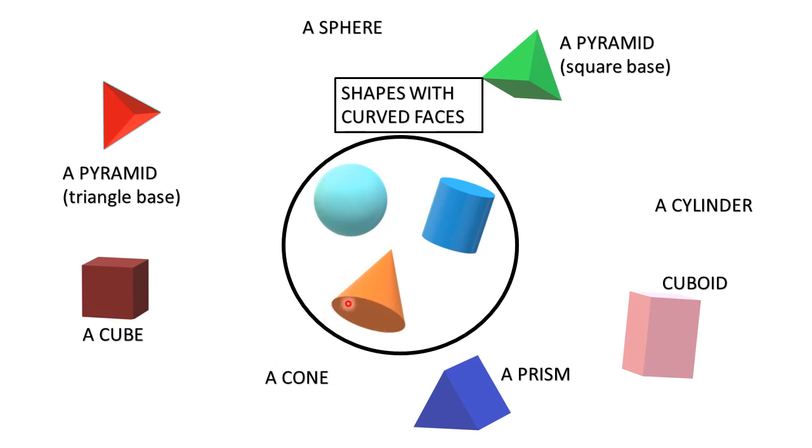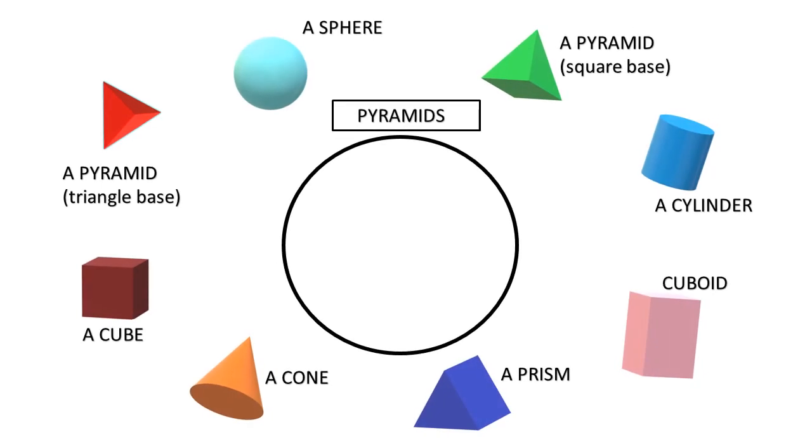The other shapes have flat faces only. B. Sort the pyramids. Pyramids are the triangle base pyramid and the square base pyramid.